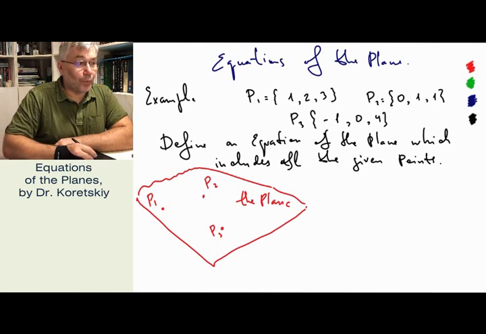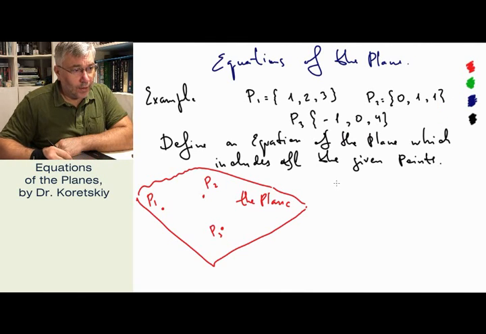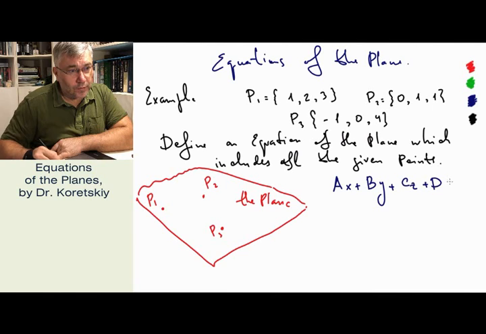We remember the canonical form of the equation of the plane: ax plus by plus cz plus d equals 0.